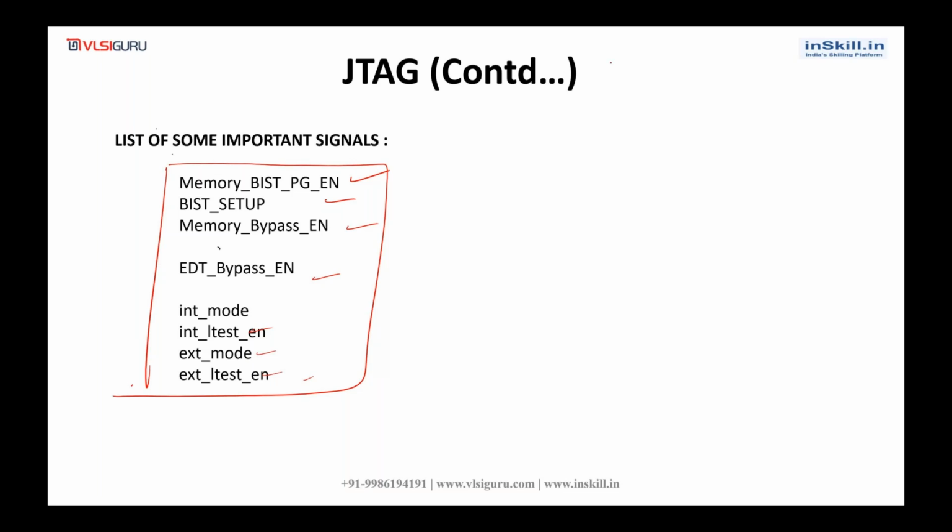So if all these signals are to be controlled from the top level, that is, if we allocate a top level port to control MBIST PG enable, one top level port to control BIST setup, one top level port to control memory bypass enable, one top level port to control EDT bypass enable, then for the Intel test enable, XTEL test enable, into mode, X mode, like that for each and everything.